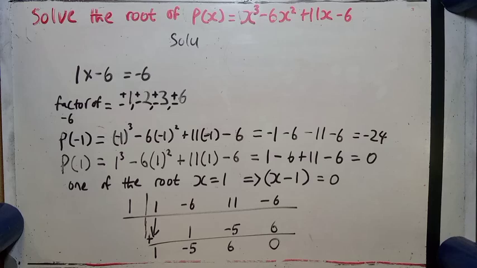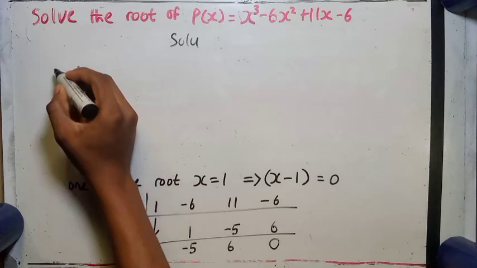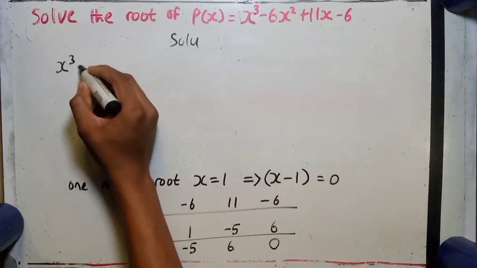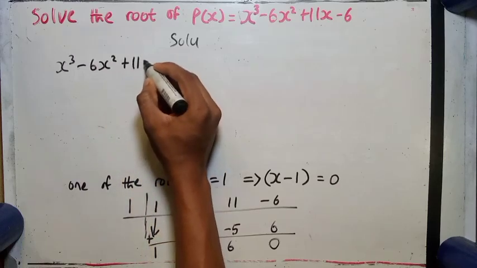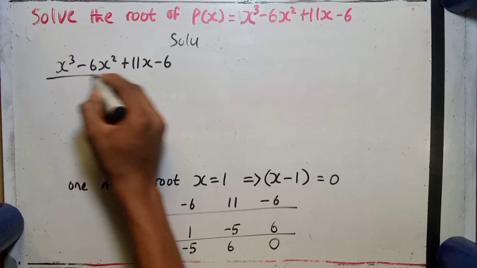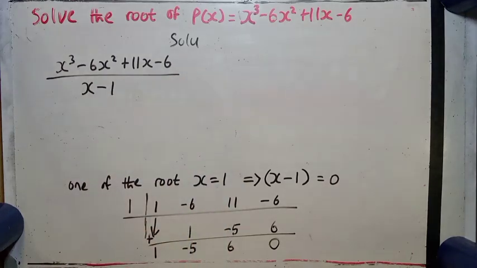Now, after we are done with the synthetic division, we are going to bring out these values we have gotten and rewrite a new equation. So what we've succeeded in doing is dividing x cubed minus 6x squared plus 11x minus 6 by x minus 1, and when we did that, taking our coefficients, the coefficient of this is 1.